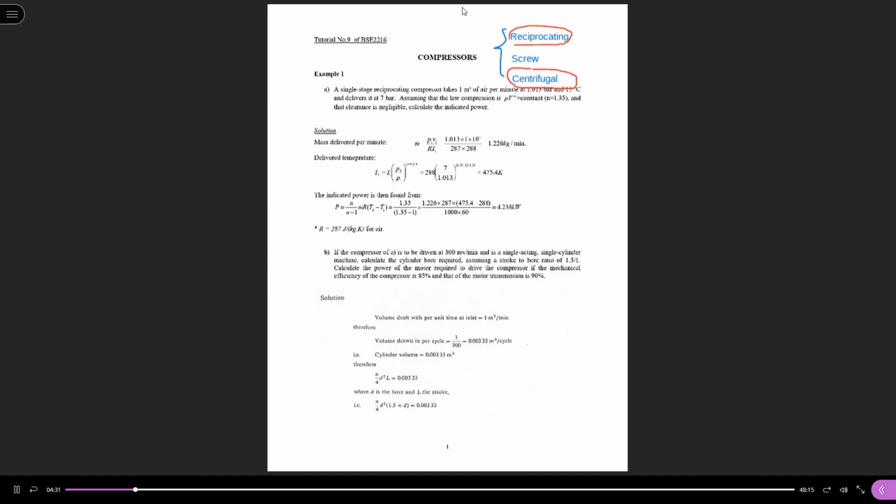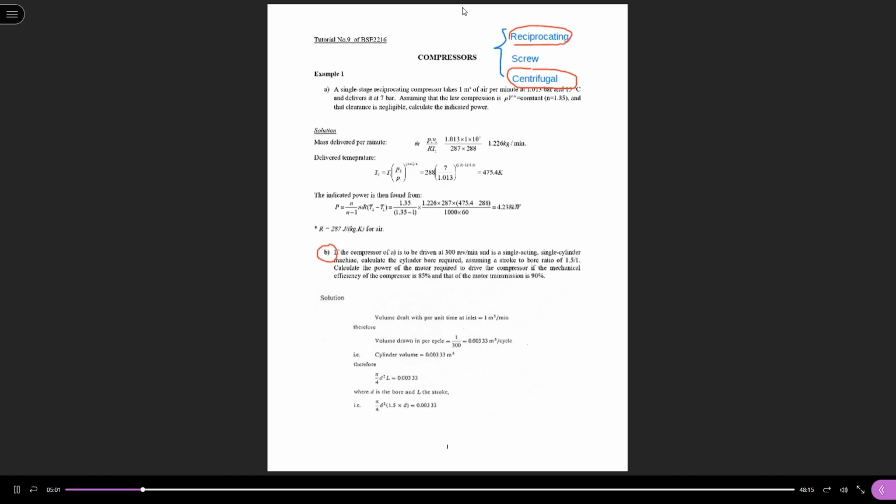However, I would still like to leave you a few minutes, especially on part B, because part B is related to the geometry of the cylinder. So maybe we work on example number 1 first, then we spend some time on part B.